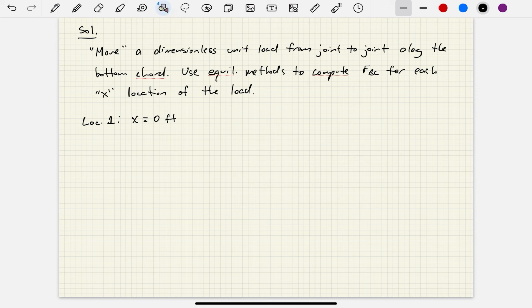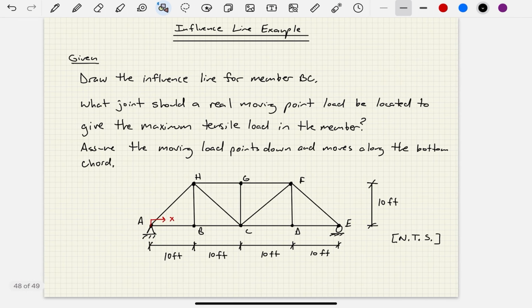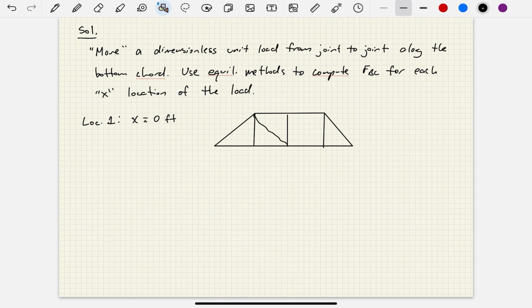So if I redraw this truss, and again, none of this is going to be to scale. Here we go. I've got an AY here.